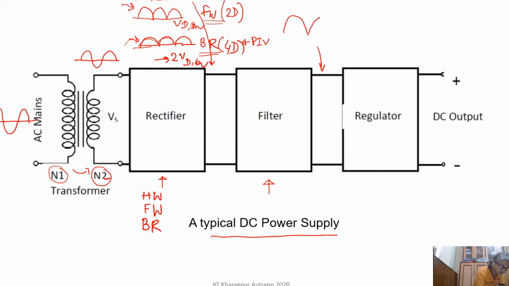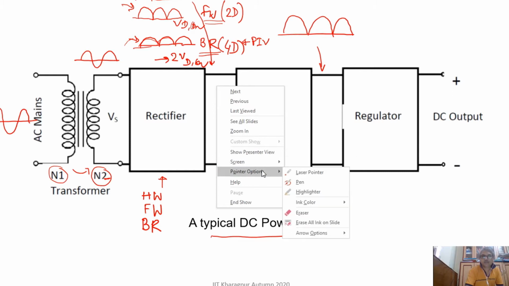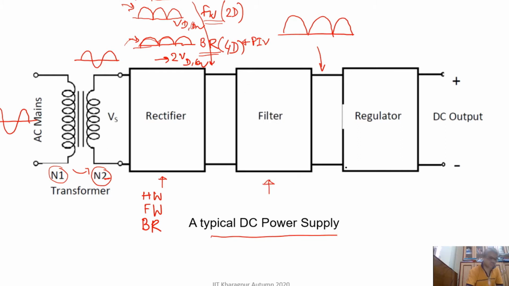So you see, this is the rectified output, and what we can do with a filter circuit is charge the capacitor and then discharge it.